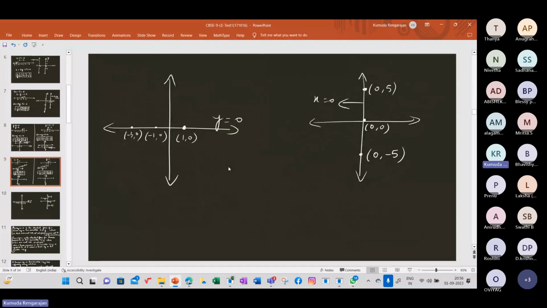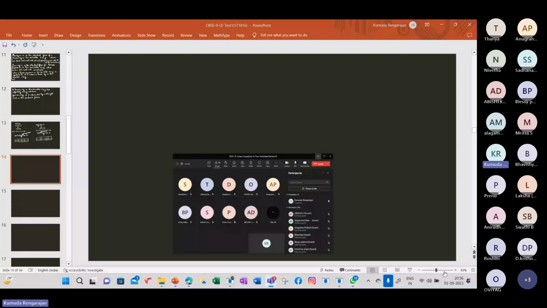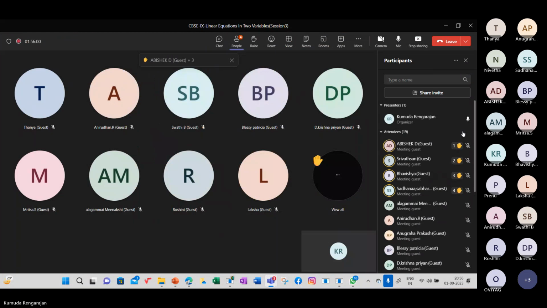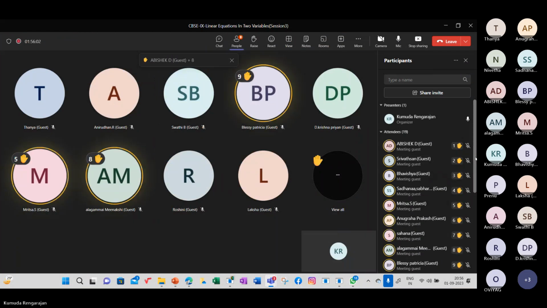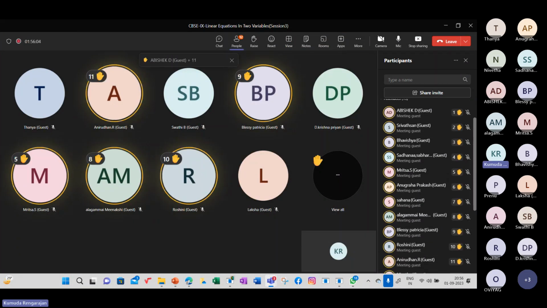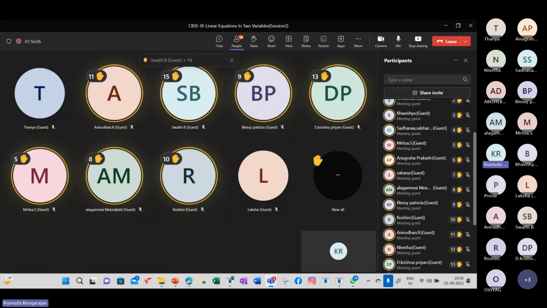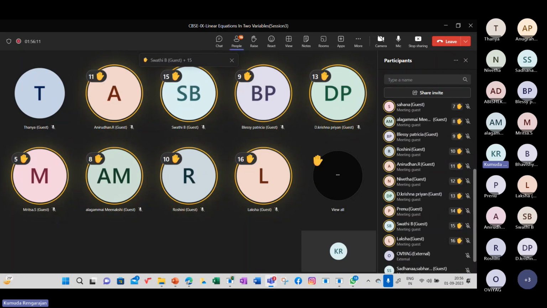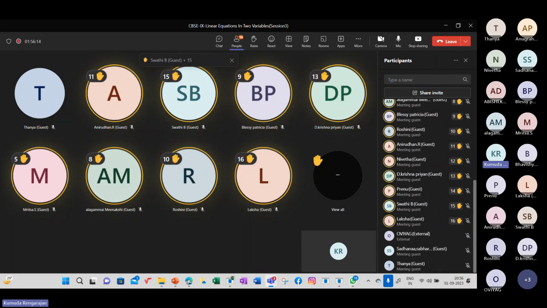Take down the questions. Class, use the emoji, raise your hand. Online students. Vishek, Srivatsan, Bhavashya, Sadhana, Sabarna, Mritsa, Anugraha, Sahana, Aragamai, Blessy, Roshni, Aniruddhan, Niveda, Krishnapriyan, Prenu, Swati, Laksha. Very good. Thank you, children.